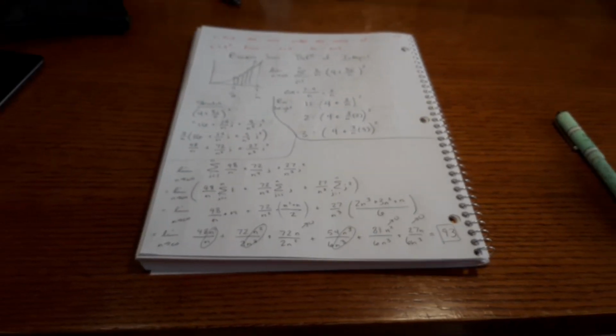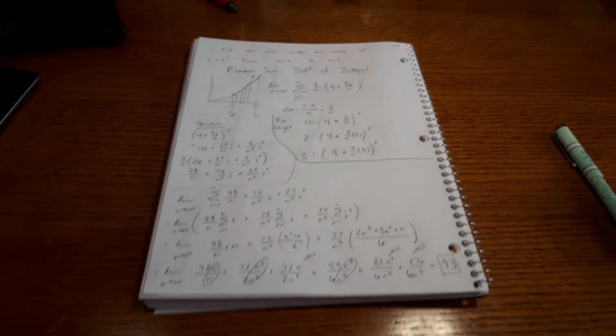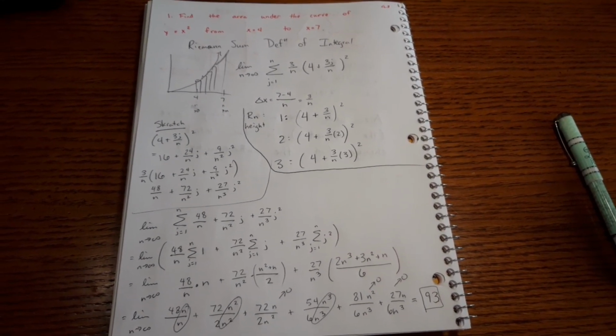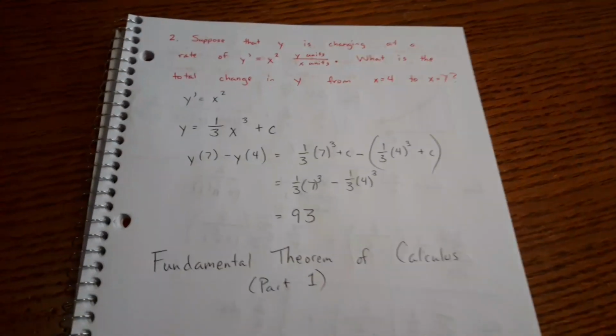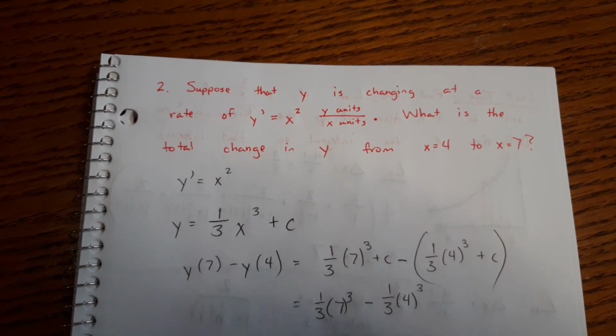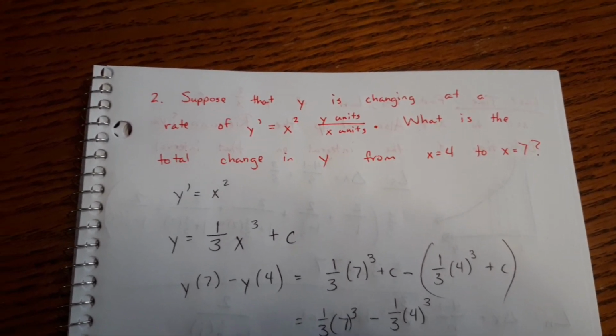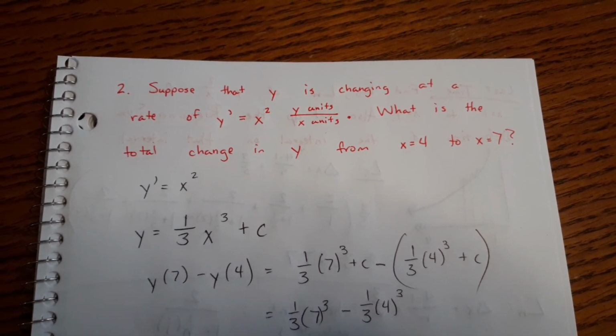Okay, so that was a lot of work. What if we change our perspective? All right, suppose that y is changing at a rate of y prime equal to x squared. So y units over x units.